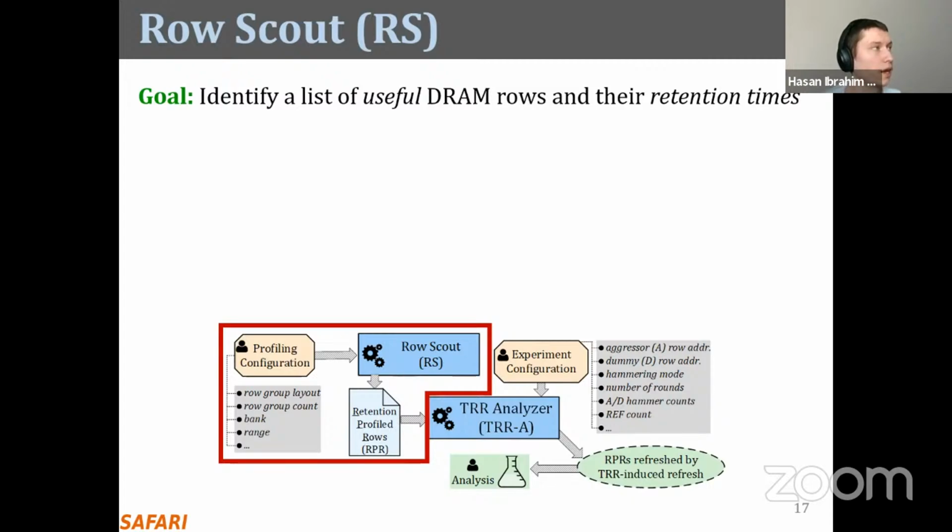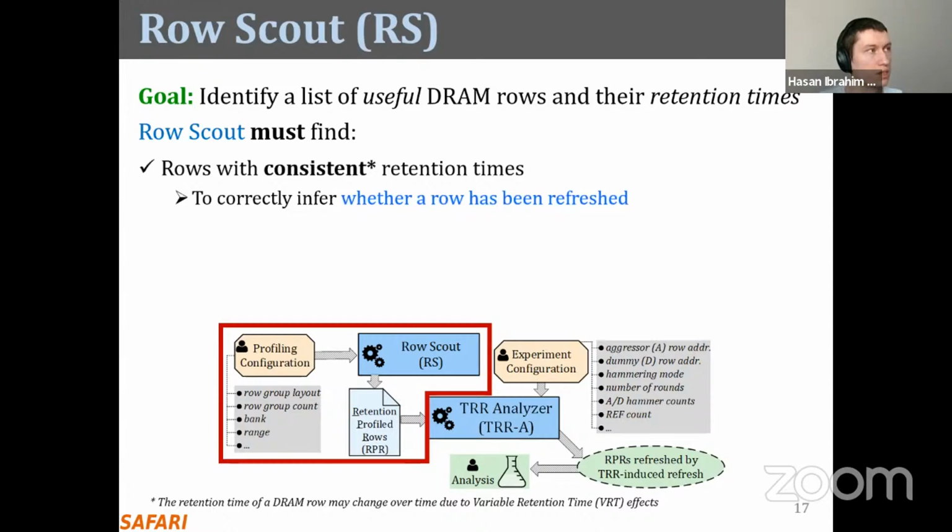So the goal is, again, as I said, to identify a list of useful DRAM rows and to profile their retention times. Row Scout must find rows with consistent retention times to correctly infer whether a row has been refreshed or not. By consistent, we mean the retention time of a row should not change over time.